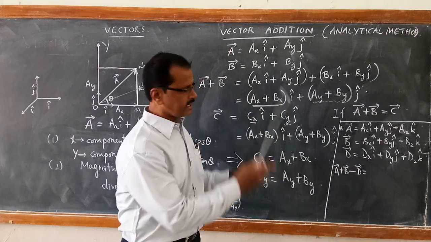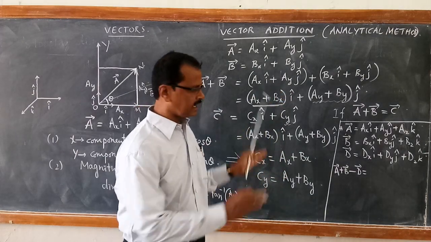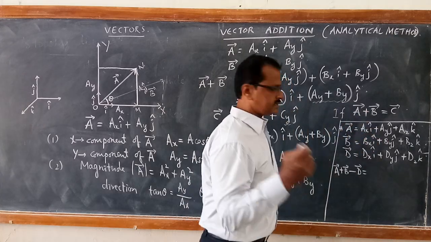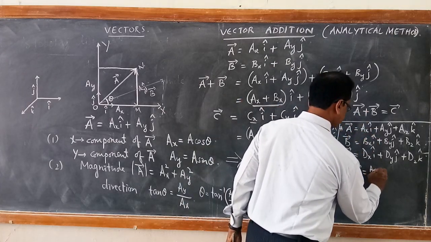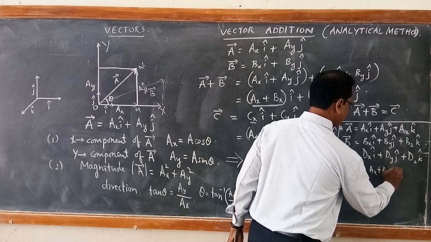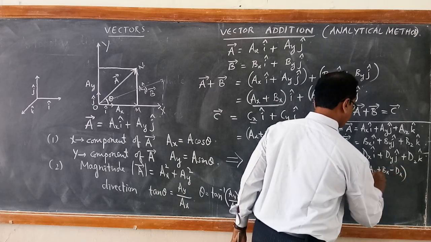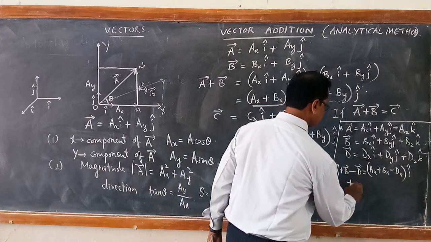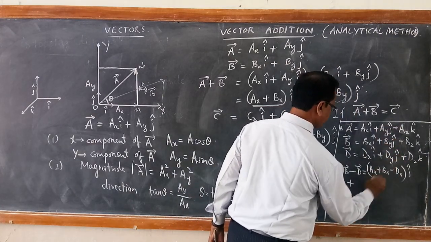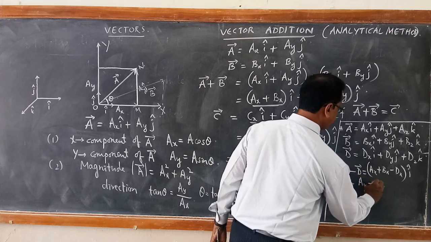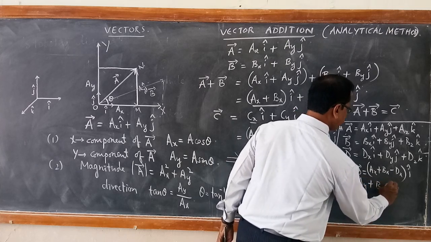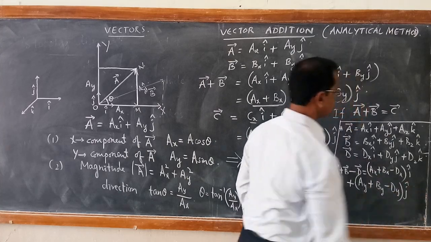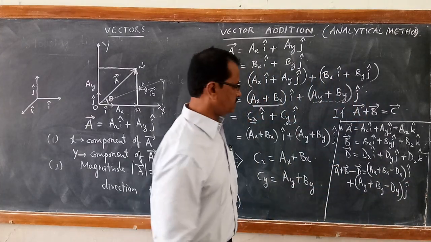Now I can very easily write this by the analytical method. Directly I can write ax plus bx minus dx, i cap, plus ay plus by minus dy, j cap, taking care that j cap is common.